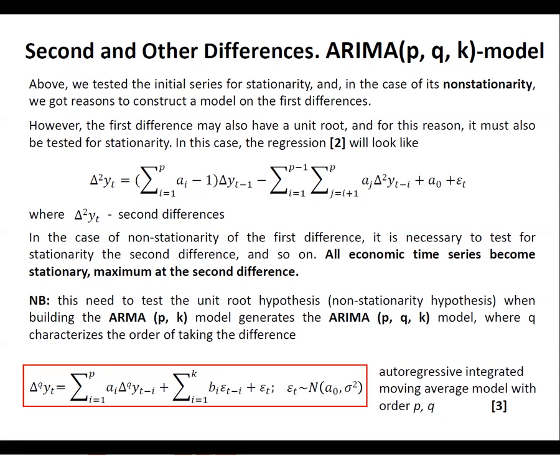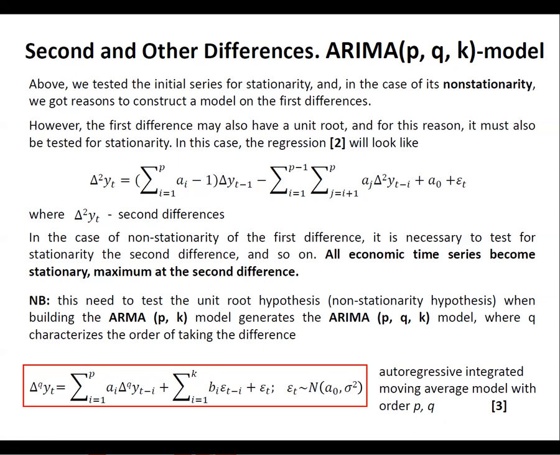For economic data, one does not have to go further than the second difference. That is, again, according to the totality of applying tests to members of the entire family, most economic indicators are either stationary in themselves or stationary in the first differences. It is very rare when an economic indicator is stationary in the second difference. Never do economic indicators turn out to be non-stationary even in the third difference, and so on.